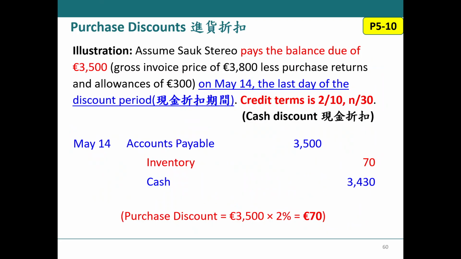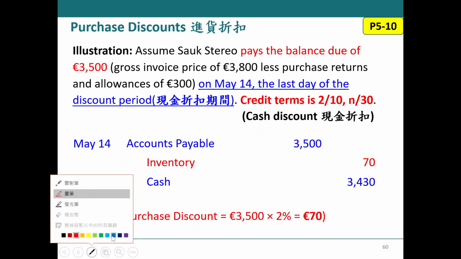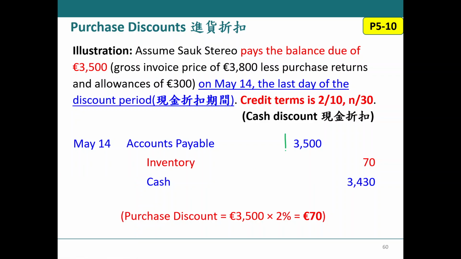So after you finish the journal entry, remember total debit has to equal total credit. They have to be the same, right? So if someday you find out they are not the same, think about it twice. You made some mistake. Okay? Any questions? So that's a normal case.